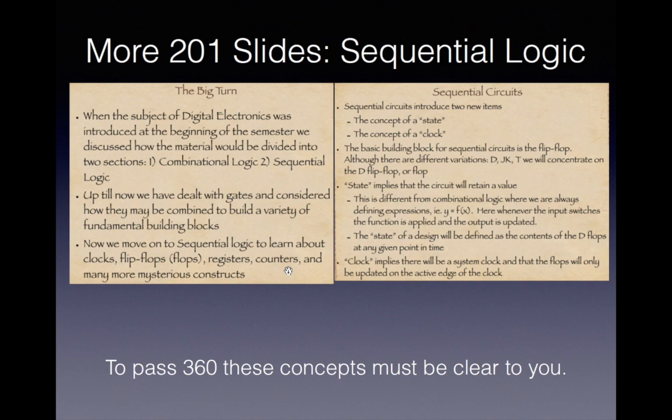So when we make the big turn, we're going from combinational to sequential. With combinational, y equal to f of x, whatever happens on the inputs x immediately gets updated to the output. Now we're moving on to flops. Once you understand flops, you can understand registers, counters, shift registers, a bunch of cool stuff that you can now build into more and more complicated circuits.